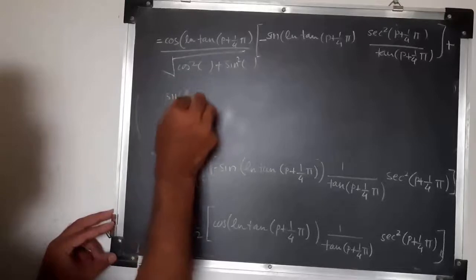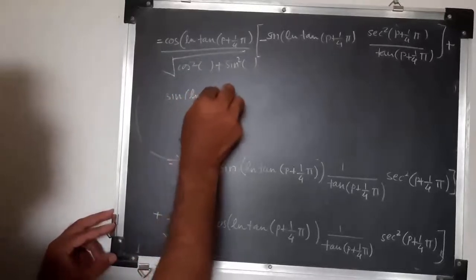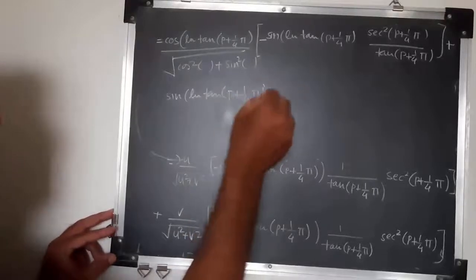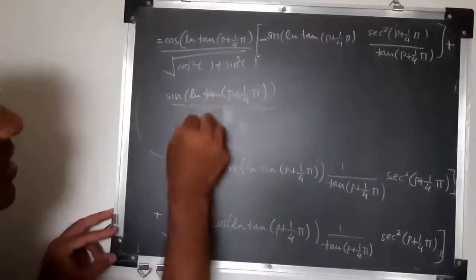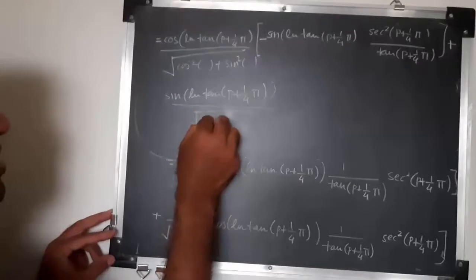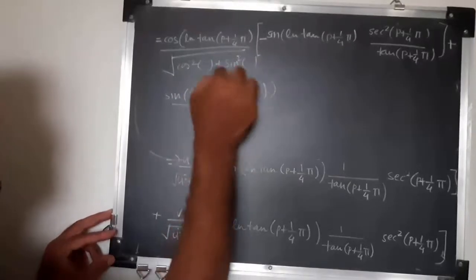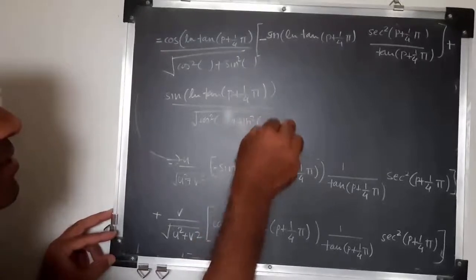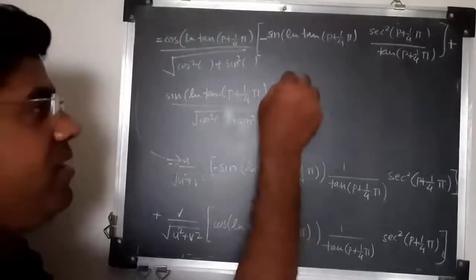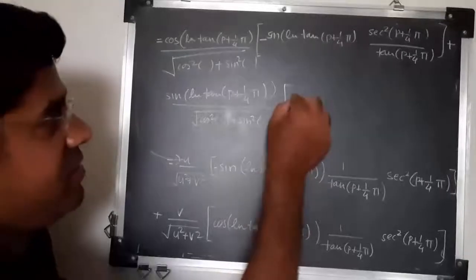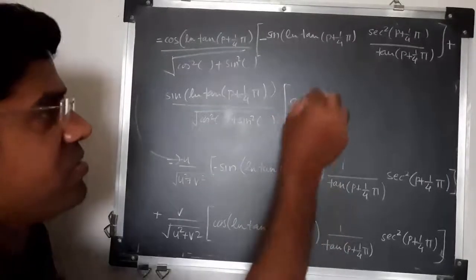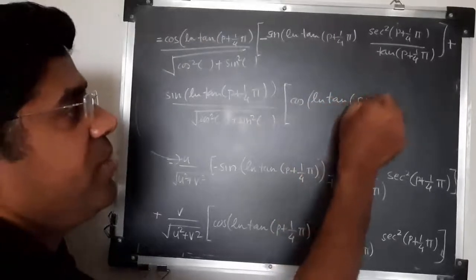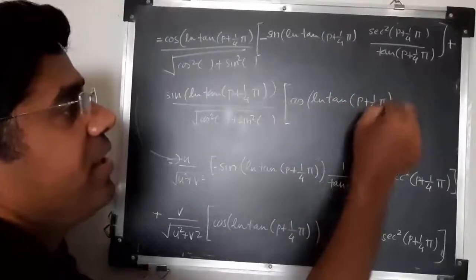This is sine of ln tan p plus 1 by 4 times pi, okay, divided by under root of, this is again cos square this bracket plus sin square this particular bracket, and inside this is cos ln of tan p plus 1 by 4 times pi.